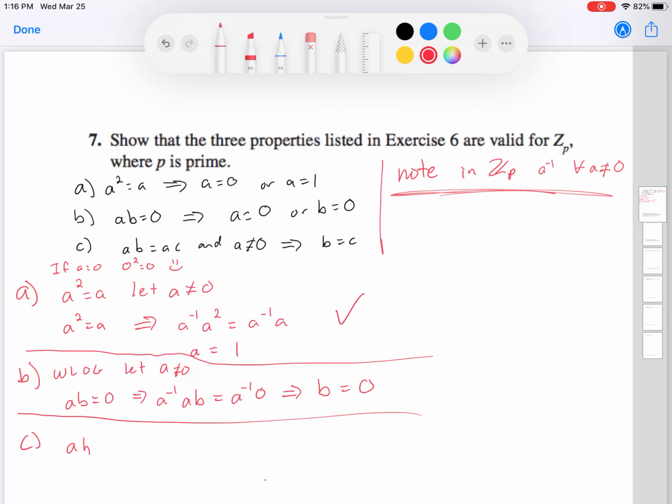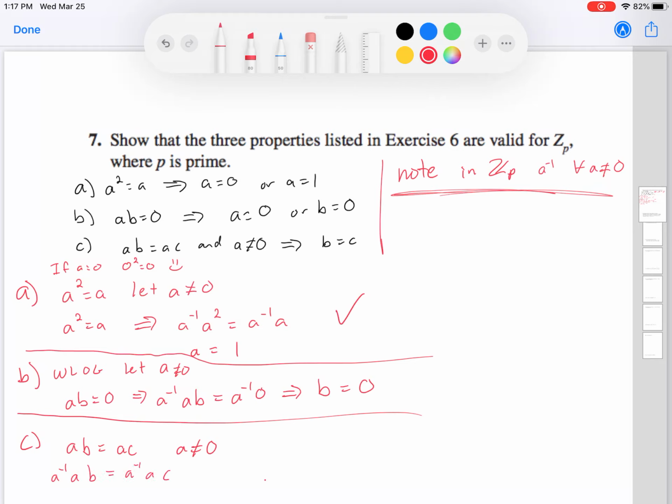C. Let's have ab equals ac, and a does not equal 0. So this means that we could left multiply on both sides by a inverse, right?